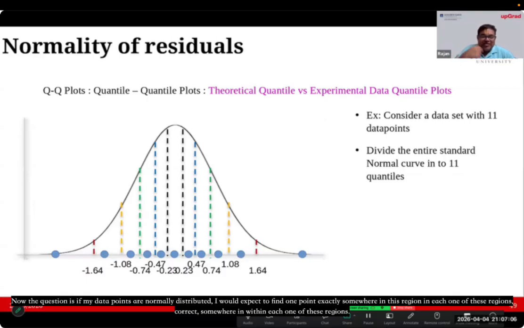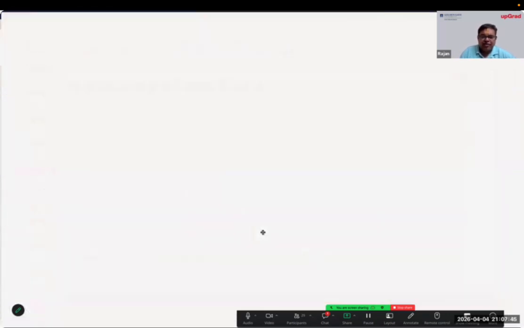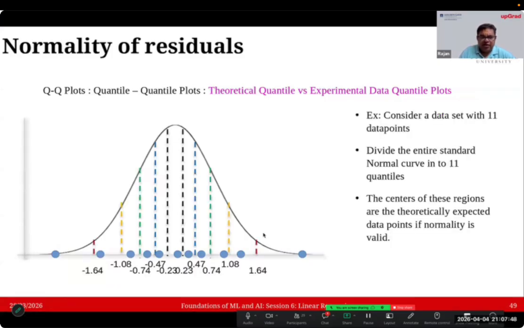Now, if my data points are normally distributed, I would expect to find exactly 1 point somewhere within each one of these regions. So that's why I have plotted this point slightly towards the edge of some region, but still within the region.